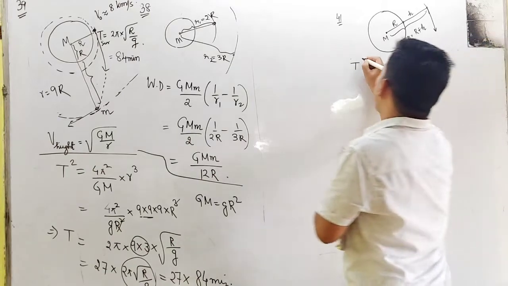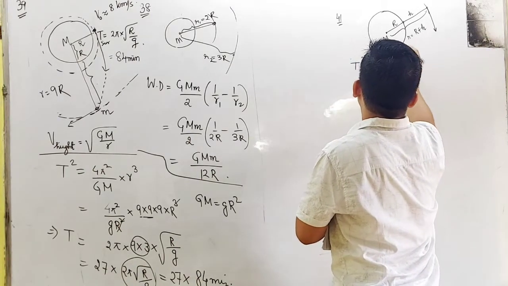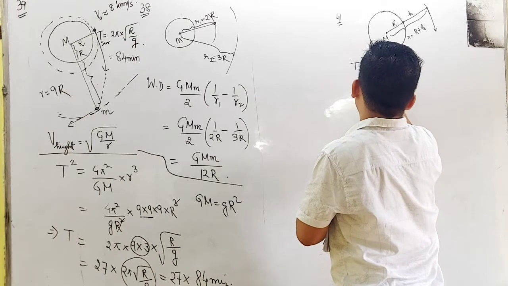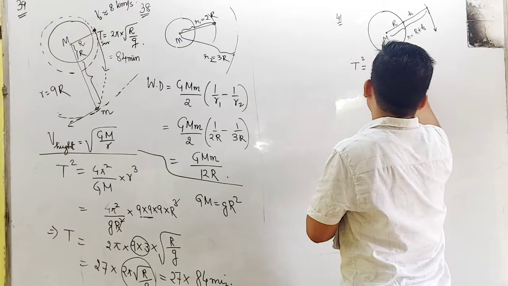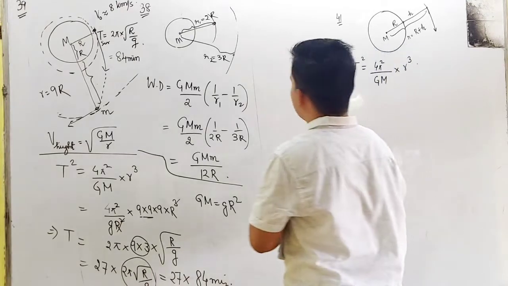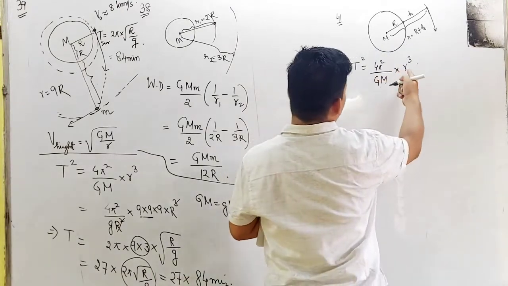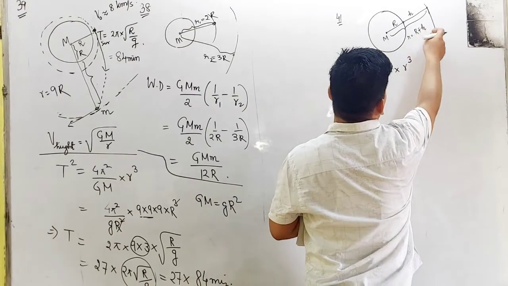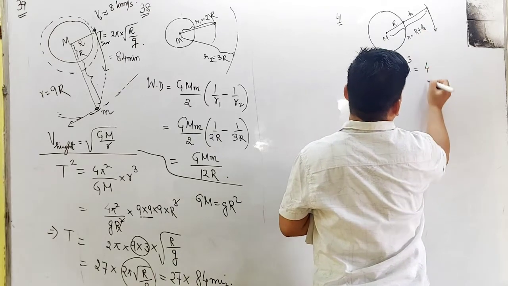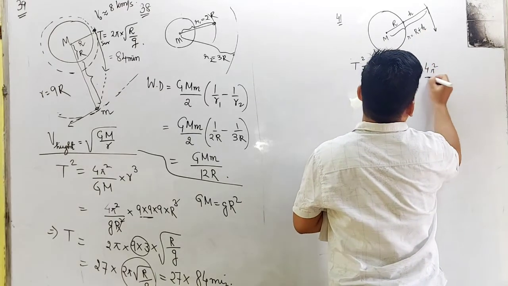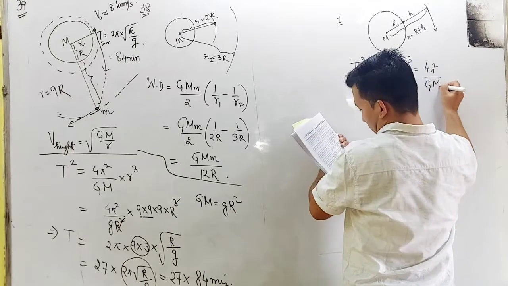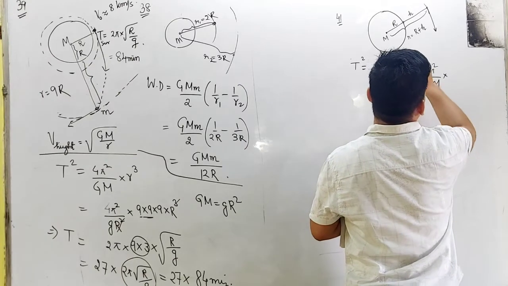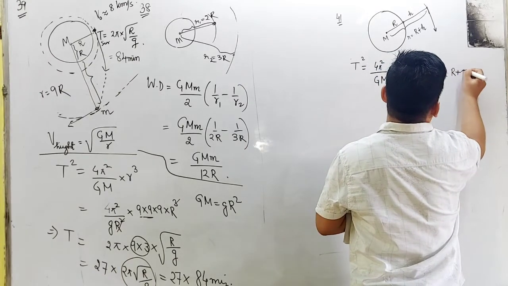The square of the time period T squared will be equal to 4 pi square divided by capital G capital M into r cube. Here we put small r to be capital R plus h, so let us extend this as 4 pi square divided by capital G capital M into (R plus h) cube.